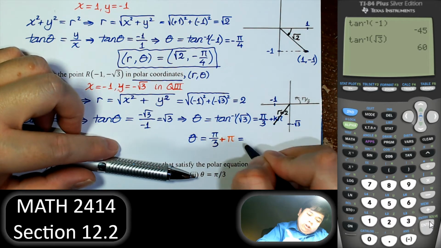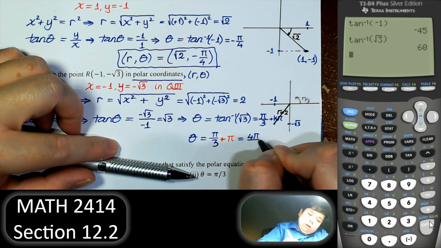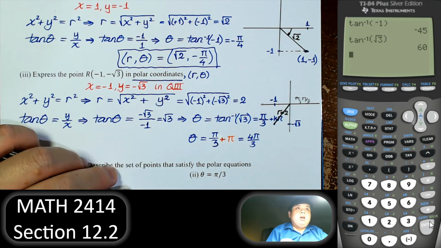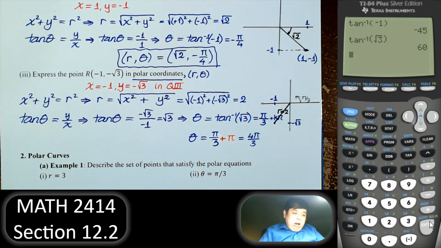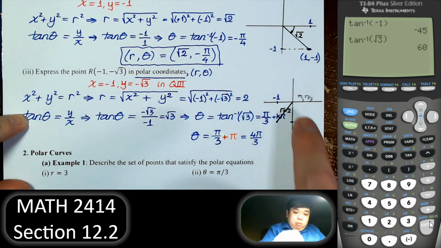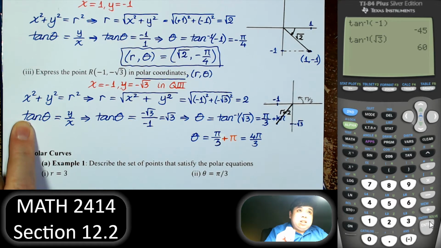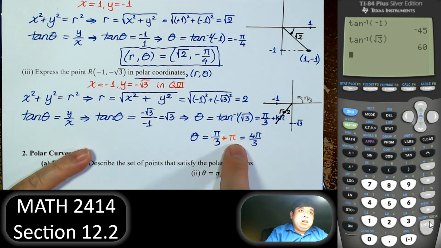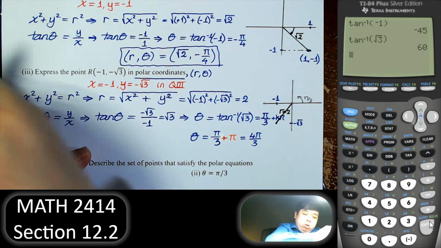So 4 pi over 3. 4 pi over 3 is in the third quadrant, so it's correct. So every time we use this formula, make sure we draw it out and make sure that it's in the right quadrant. If it's not in the right quadrant, add a pi to it to bring it into the right quadrant.